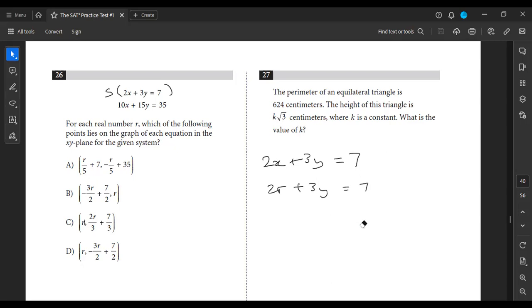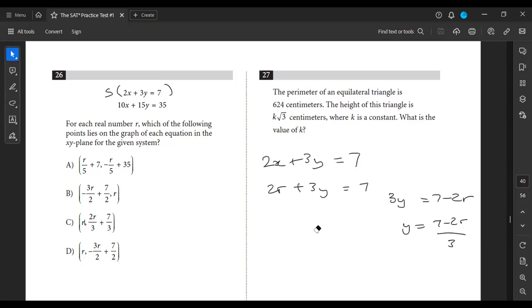Look what happens. Okay, so we have 3y is equal to 7 minus 2r. So our y value is going to be 7 minus 2r over 3. Okay, great.